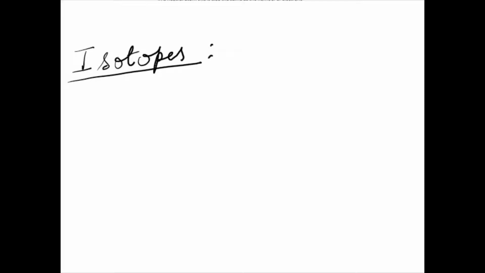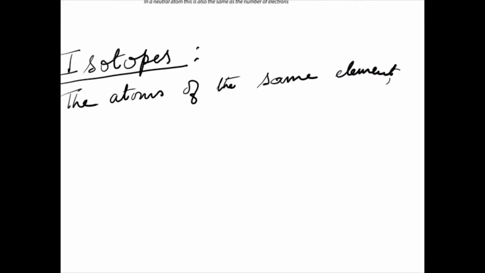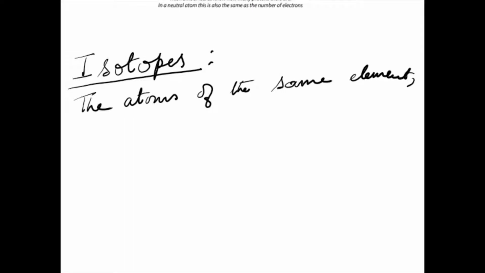Okay, so let me define properly. Isotopes are the atoms of the same element, having the same atomic number.